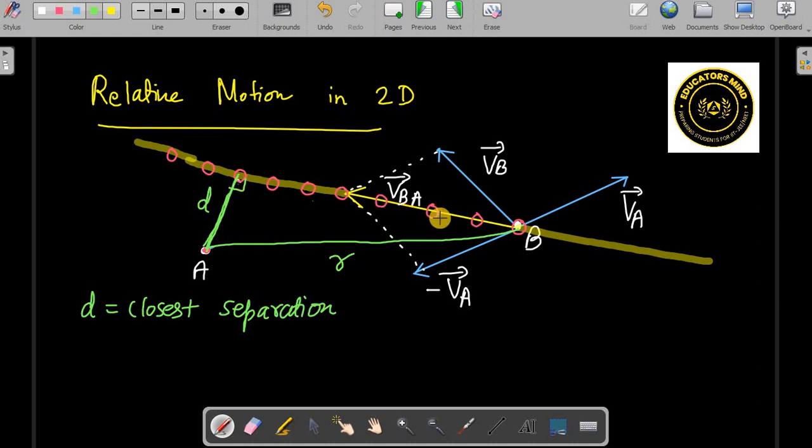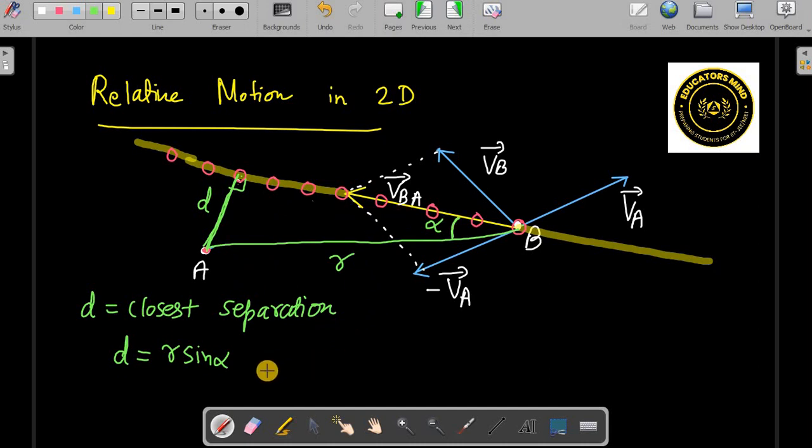Suppose you know this angle, let's say this angle is alpha, and you know R. So D can directly be calculated as D is equal to R sine alpha, isn't it? We can calculate D. And they ask what time it is coming closest.